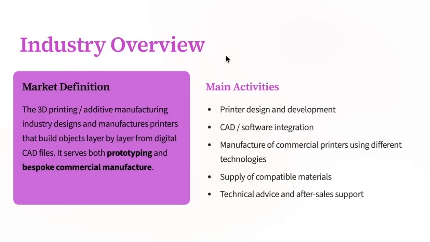So if you want to become a successful manufacturer of 3D printers, you have to constantly focus on developing your 3D printers as much as possible. That's why design and development are crucial when it comes to running a 3D printer manufacturing business. And also, you need to rely on CAD or any other type of software.